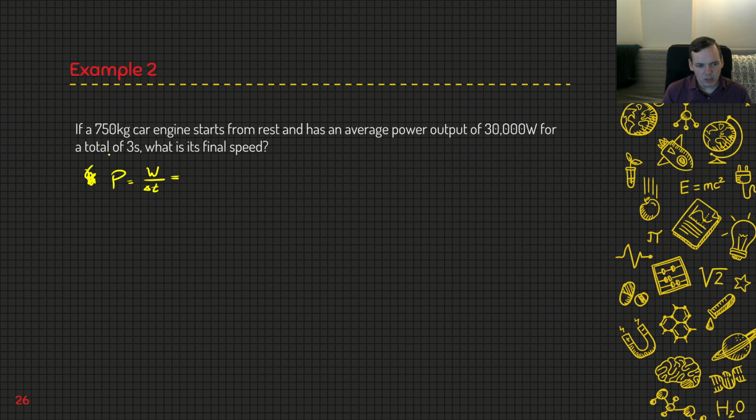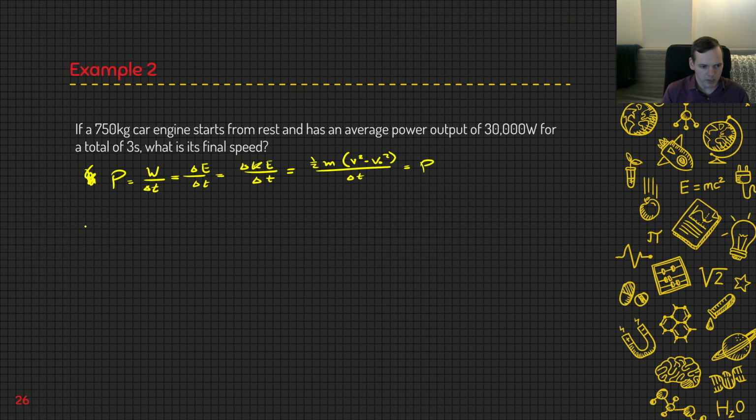Now, because we don't know the forces, we need to use the alternate form, which is the change in energy over change in time. And the change in energy is going to be the change in kinetic energy, because we're assuming that all the energy from the engine goes there. So 1/2 m times the final velocity squared minus the initial velocity squared, over delta T, is equal to the power.